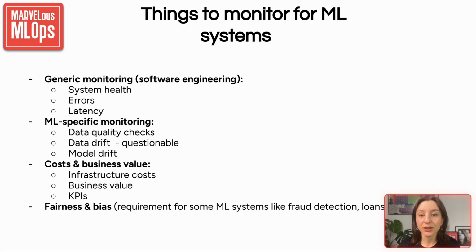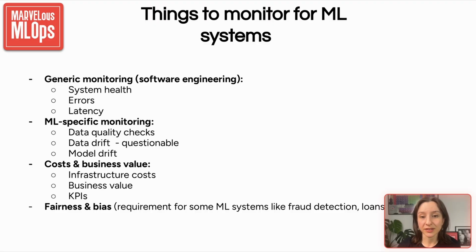And then we have cost and business value related metrics. Even if your system is technically working, it is important to ask, is it worth it? Are we optimizing our resource usage? Are we paying for GPUs 24/7 for a model that only runs once a day? Are we moving the needle on key outcomes? Higher conversion, lower churn, faster fraud detection, whatever your goal is.